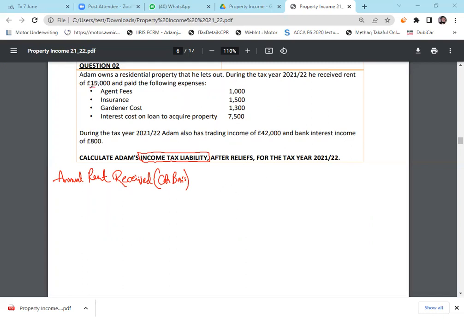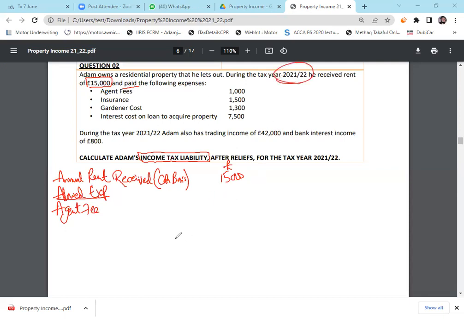How much money did you get? £15,000. Very good. There is no premium because we still didn't discuss premium. Allowed expenses. Agent fees, what do you think? It is a revenue expense paid by the landlord during the tax year 21-22.